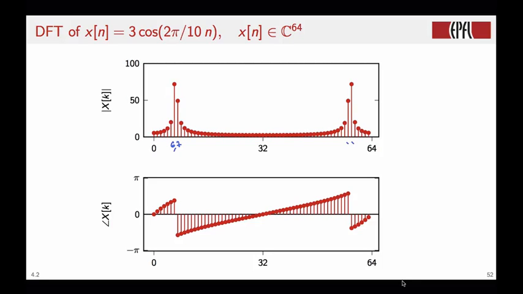But in order to obtain the exact 2 pi over 10 frequency, we need contributions from all the DFT coefficients in the 0 to 63 range. And similarly, the phase is non-zero for the whole range as well. This is actually a general result. Unless you have an input that is a linear combination of basis vectors, most of your DFT coefficients will be non-zero.